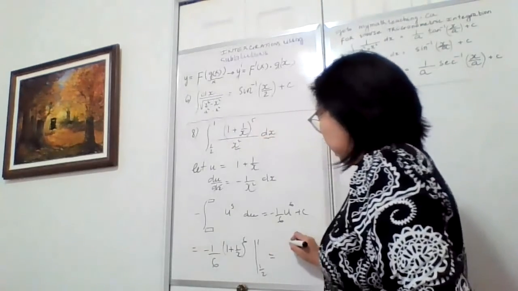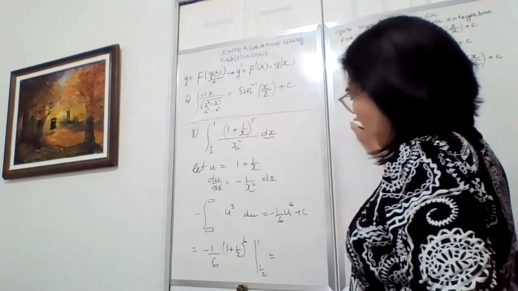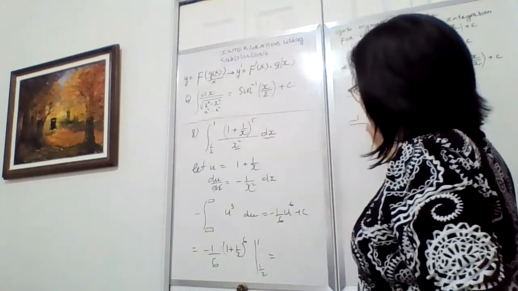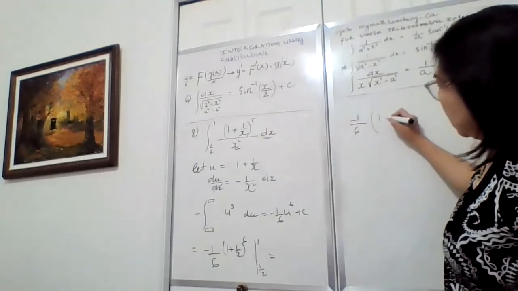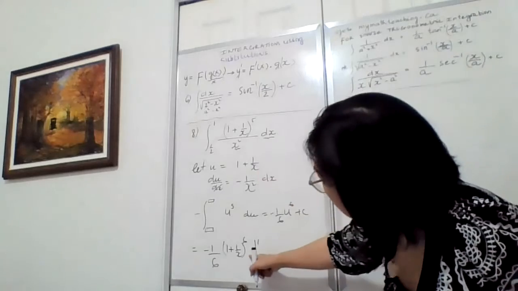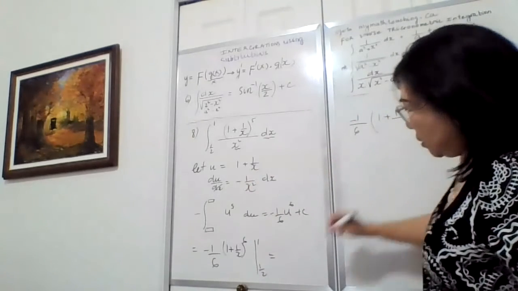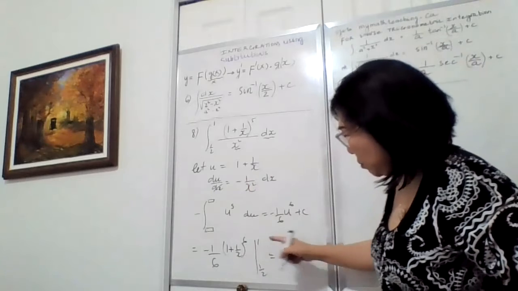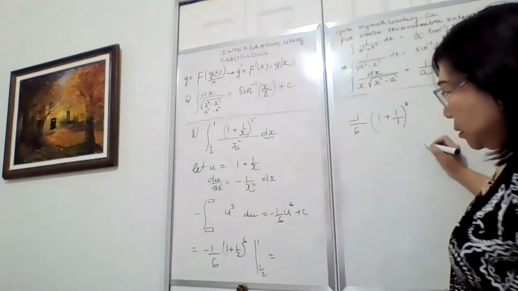So now what will this become? Minus 1 over 6, and 1 is just 1, adding 1 over x, right? That's u. So adding with 1, and we substitute the x by the number 1, and all of this to the power 6.